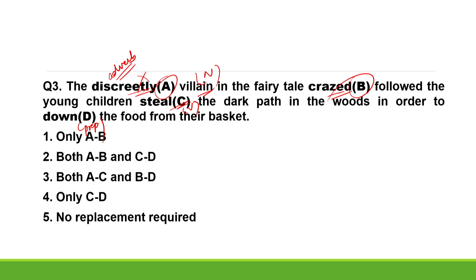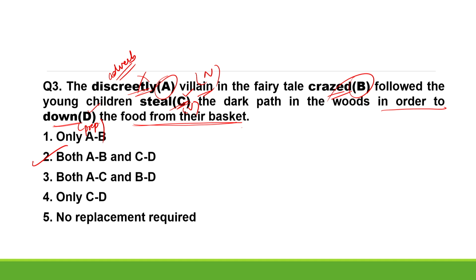Now, on reading the sentence further, it is obvious that the line, in order to down the food from their basket, does not make any sense. The word steal is a right fit. Steal the food makes sense. So, clearly C and D also must be interchanged. Hence, option 2, that is both A and B and C and D, is the correct answer.